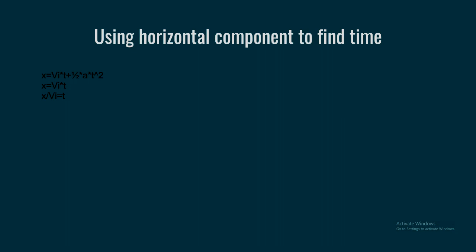So we're going to use the horizontal component to find time, and in order to do this, we have to manipulate our equation for displacement. We're going to get rid of the acceleration side because the acceleration is 0. And we're left with VIT.